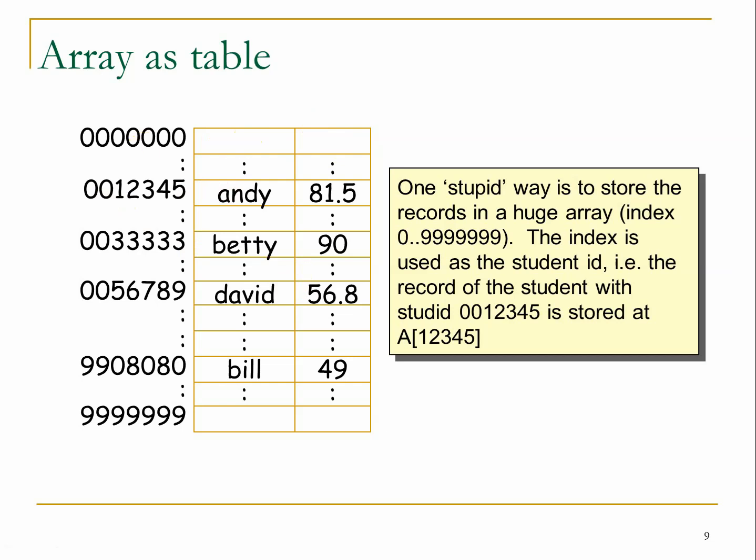Because if you want to insert a new student, all you need to do is find an empty index, and we can easily put that there. If we want to do the deletion, we can find the index because we have the student ID. We can delete whatever that index location holds.